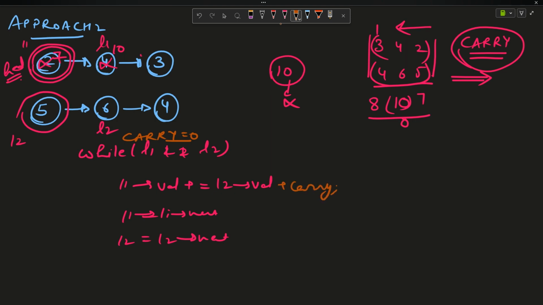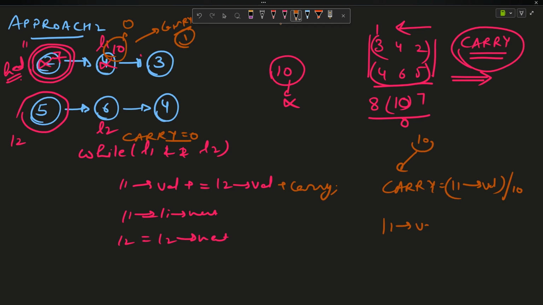Now this 10 will be represented as 0 here, and my carry becomes 1. So you can also check, and you should apply your mind: carry becomes L1 value divided by 10, and L1 value should become L1 value modulo 10.